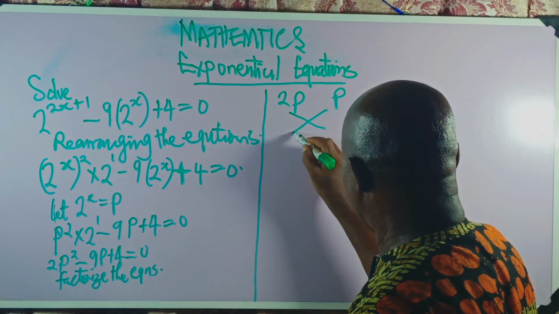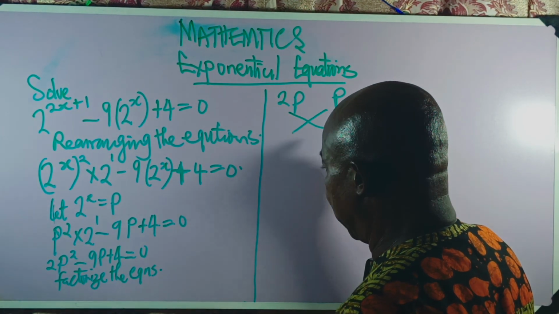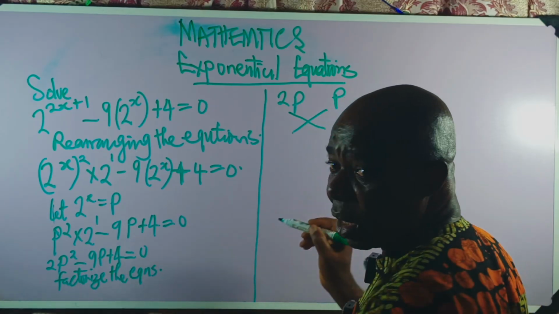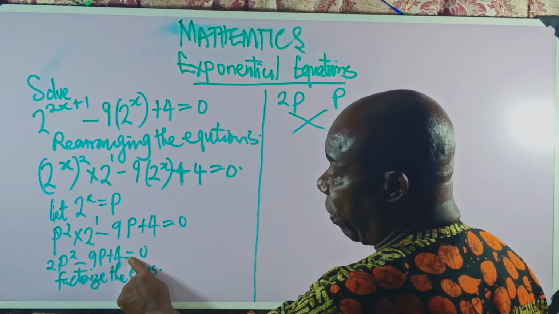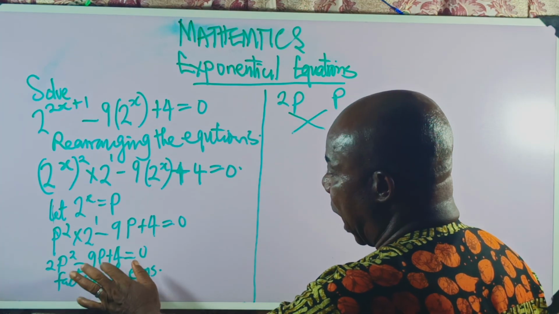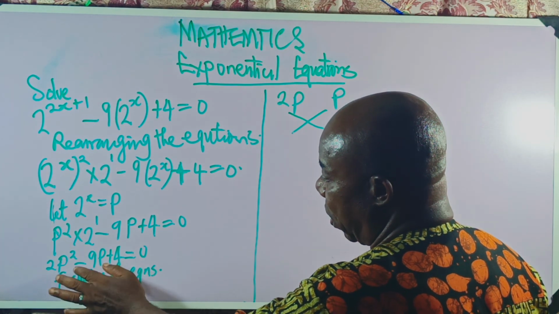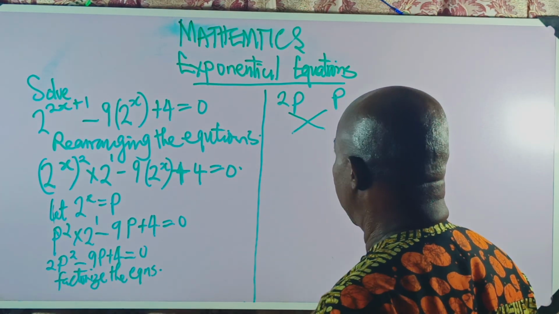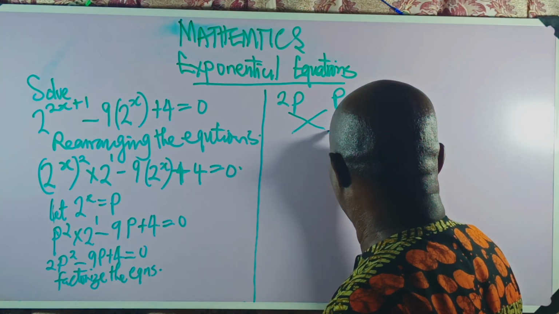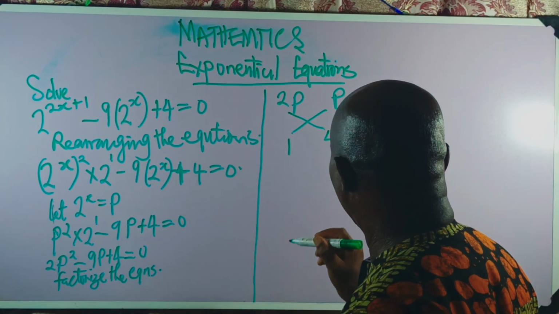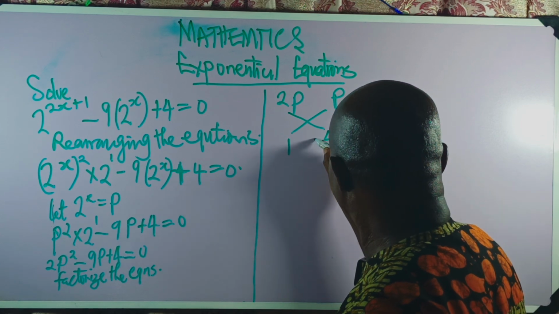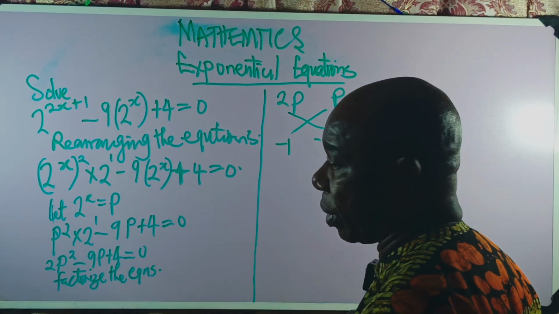I can now factorize this. What are the factors of 9p? We have to find factors that give us plus 4, and by the time we add, we have minus 9. So if I have 4 here, here I can have 1, and this can be minus and minus.